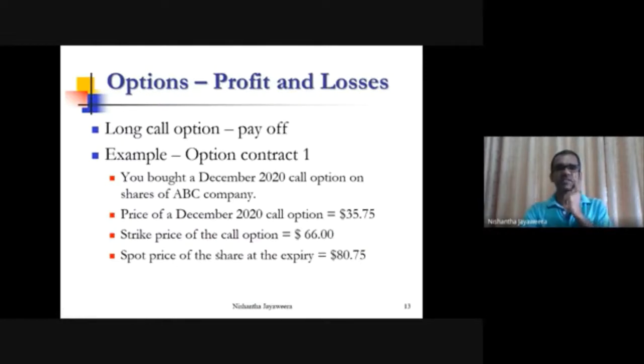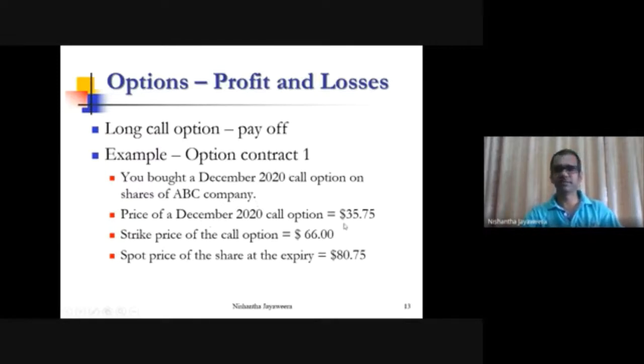So this is another example. The underlying message we have discussed earlier. However, consider this again a call option. You are buying a call option with December 2020 maturity.